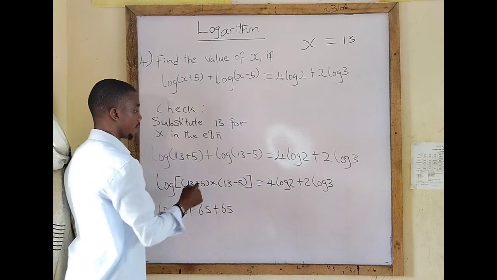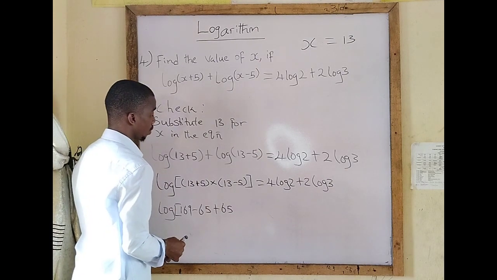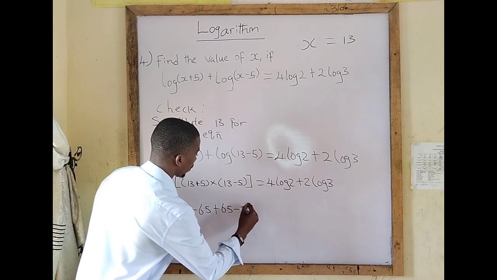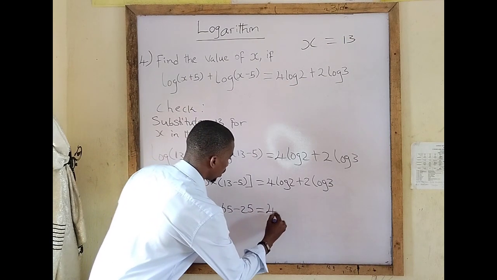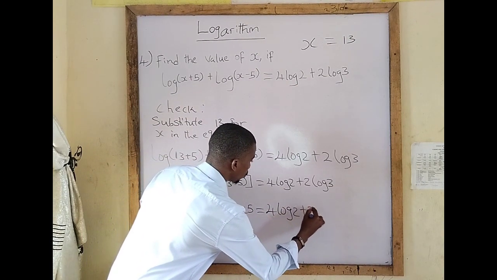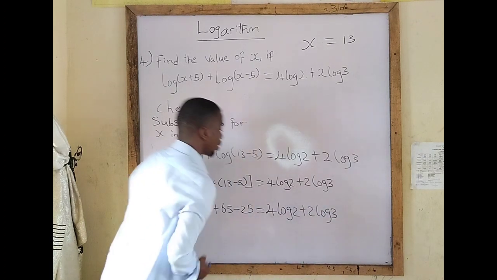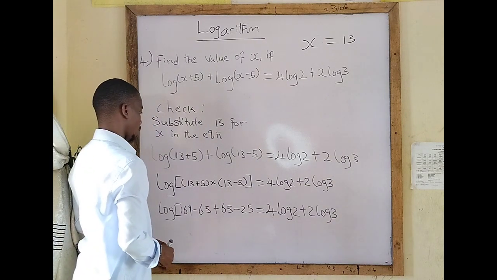Okay, and plus 5 times minus 5 we have minus 25. Okay, so this is equal to 4 log 2 plus 2 log 3.